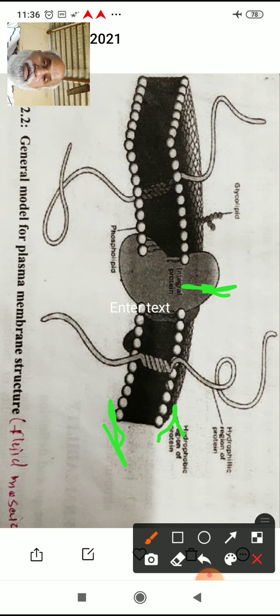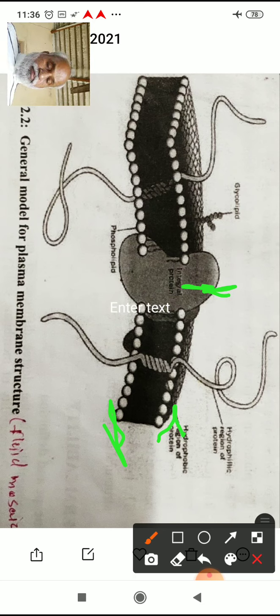Then what are the components of which plasma membrane is made up? Glycoproteins are used for cell recognition and act as receptors and antigens.